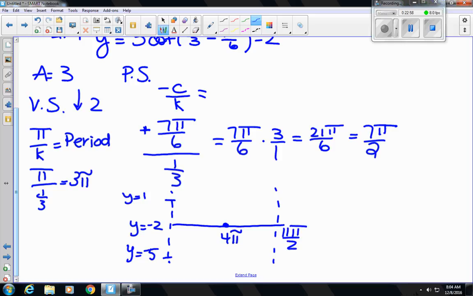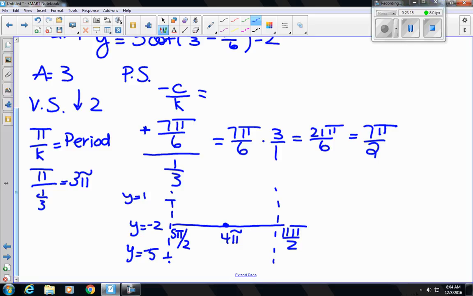Now I need to go backwards, so for minus 2.5, which is really 5 pi over 2.